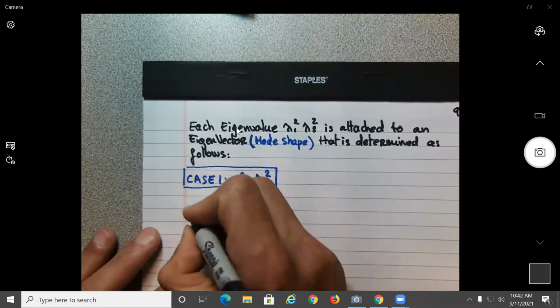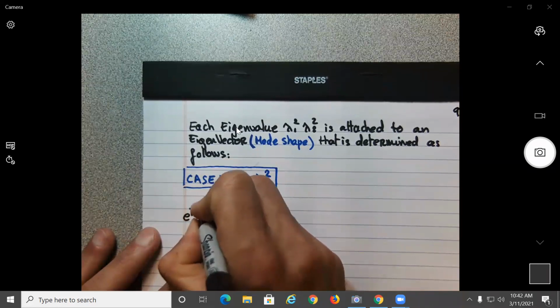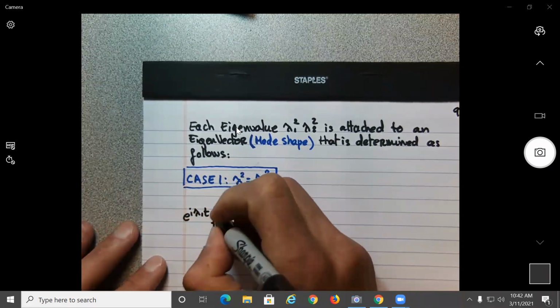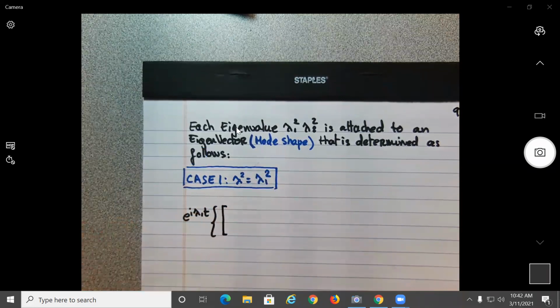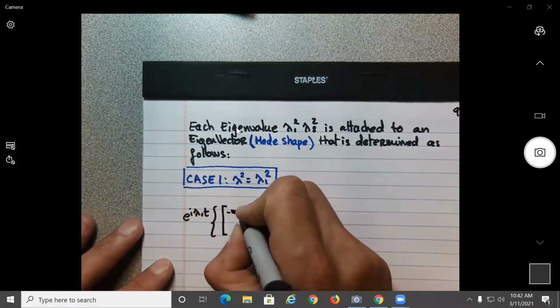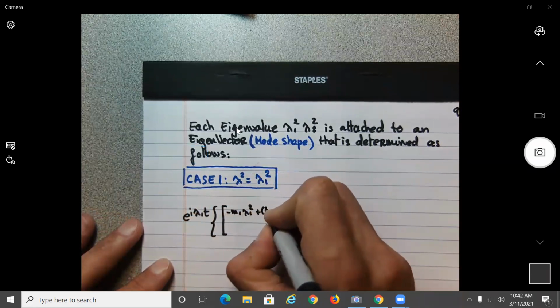All right, so in that case, we're going to have the equation. I'm going to start going a bit faster to write down. So you will have minus m1 lambda 1 square plus k1 plus k2.